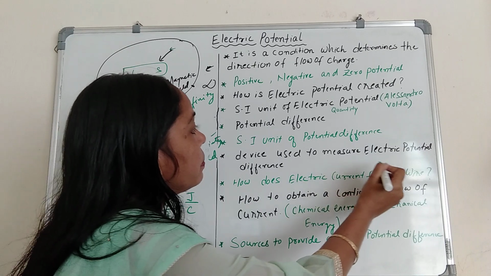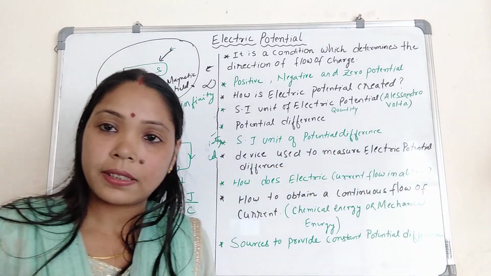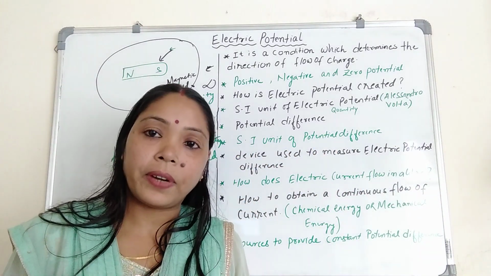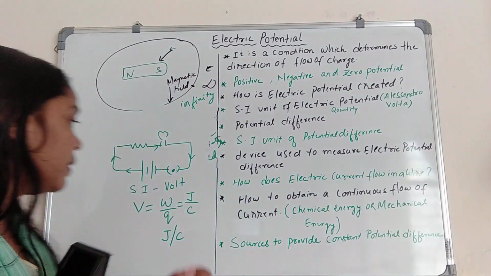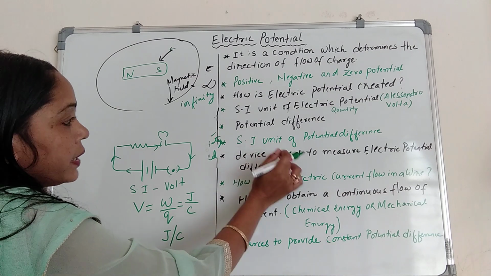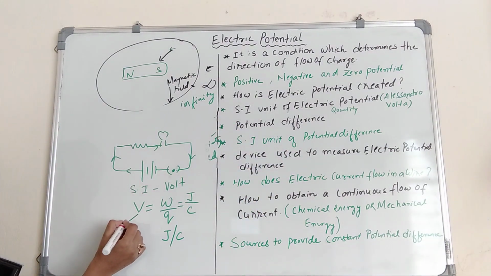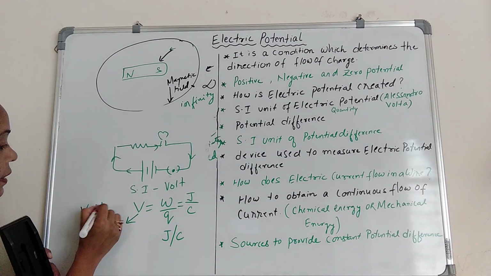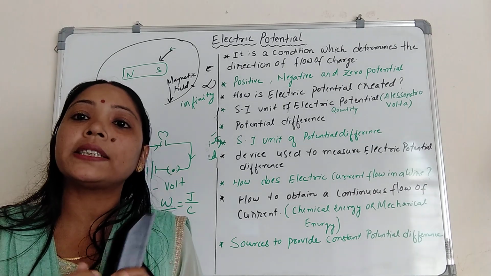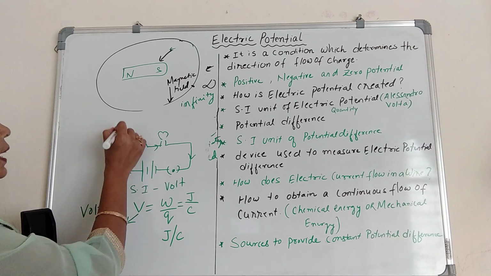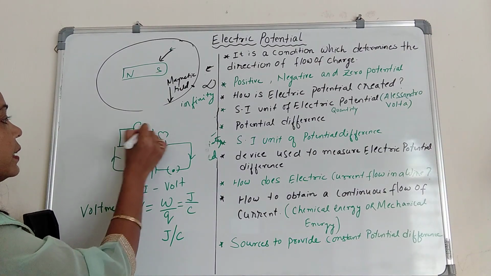Now, the device used to measure electric potential difference. Electric potential difference is always between two terminals, so it is measured by a device called a voltmeter. A voltmeter is always connected in parallel to the conductor.